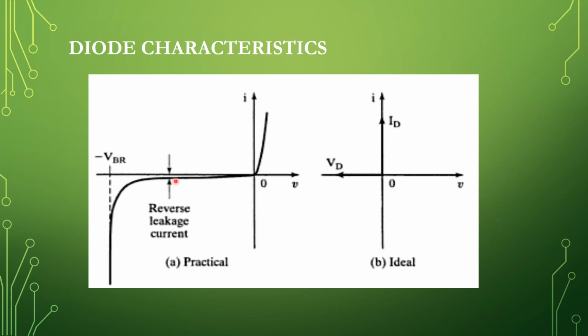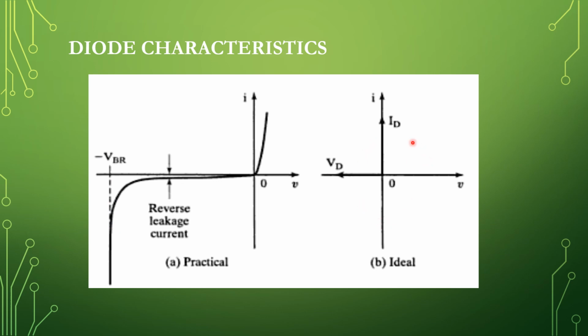When it is reverse biased, the current flowing is the leakage current in the reverse direction. The reverse leakage current is almost constant, and later it increases with the increase in reverse voltage until breakdown occurs. This is the breakdown voltage.